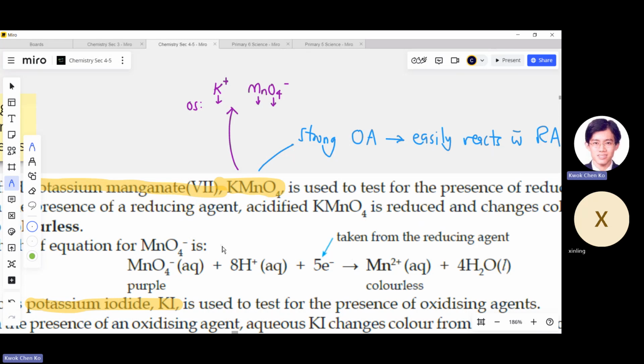KMnO4 is made up of K plus ion and MnO4 minus ion. What are their ONs? Sarah, this one. Okay, good. Mn? Good. O?